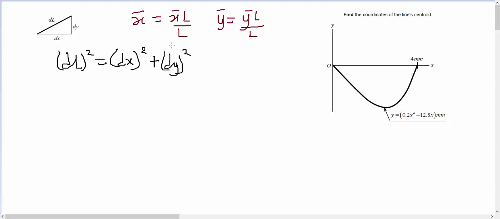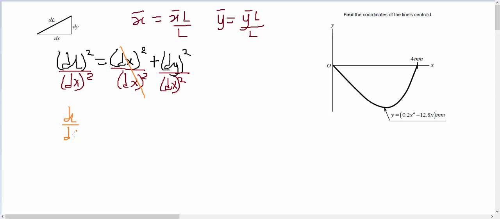Now if you divide through by dx squared, and this as well by dx squared, the dx squared cancels out here, and right here it becomes 1.